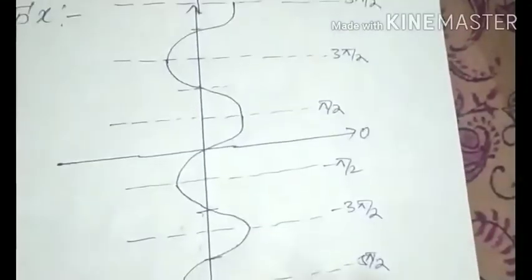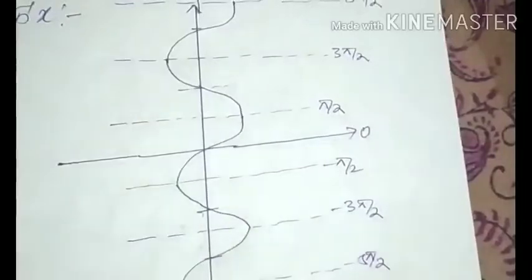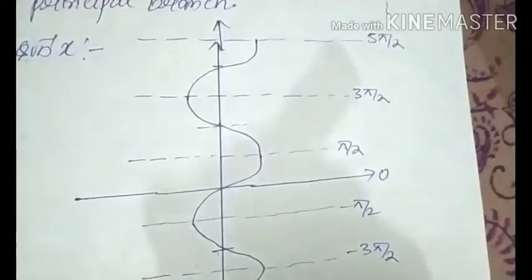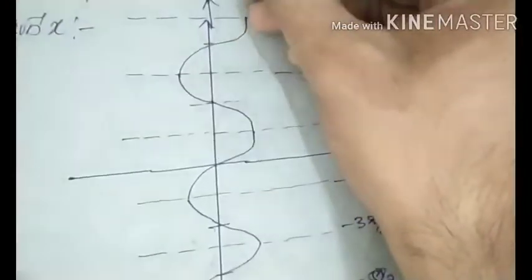This is the final graph of sine inverse x, and so on. It will continue on this side and this side, and it will also continue on the upper and lower sides.